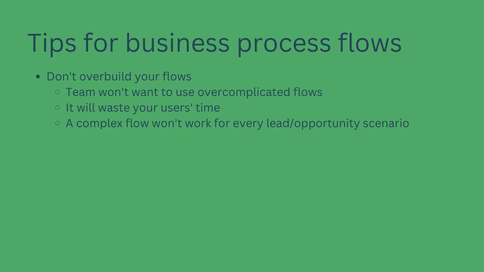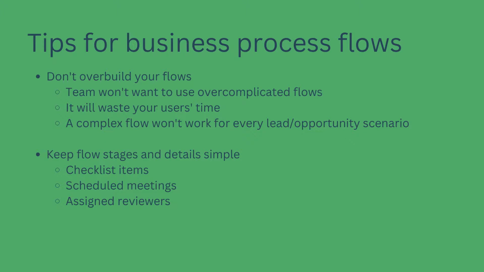It can be a big waste of time for your people. You shouldn't make a bunch of fields required, for example, when that might not meet every scenario of the process. I think having a simpler process flow is going to make adoption much easier, and it's going to make the business process flow a lot easier for your end users.